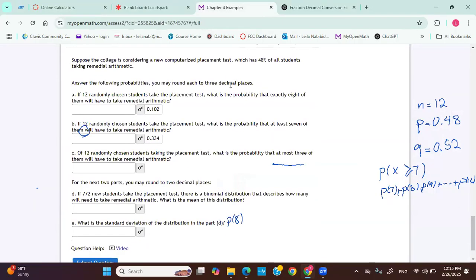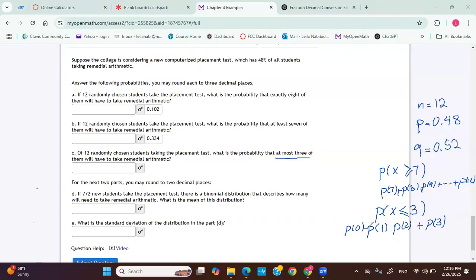Part C says, what's the probability that at most 3? At most 3 means 3 or less. For at least and at most, we have the equal sign as well. So we need the probability of 3, of 2, of 1, and of 0, all the numbers from 3 all the way down to 0.